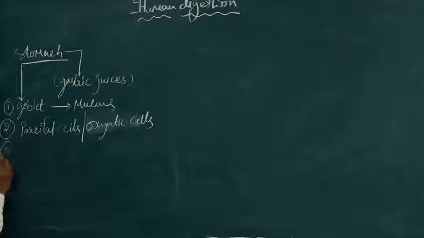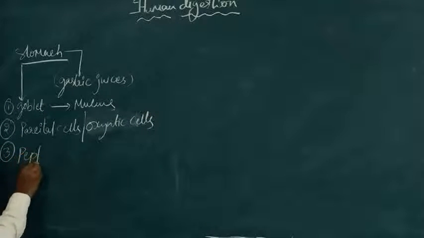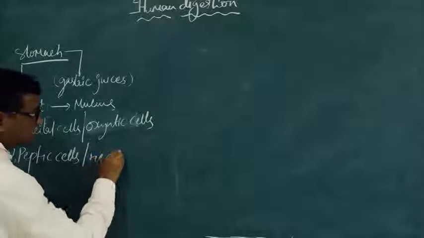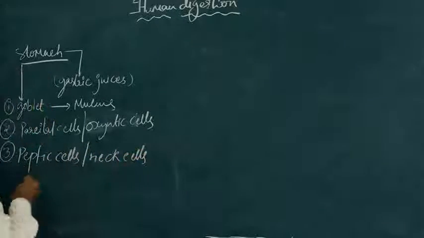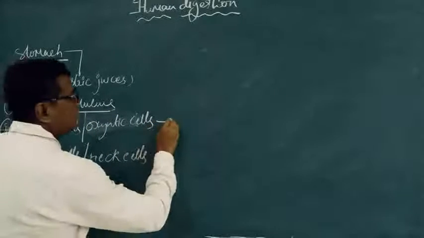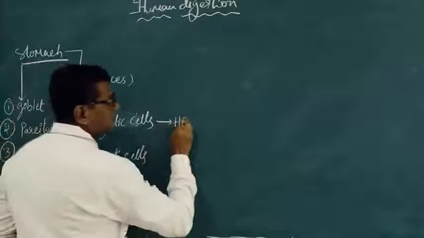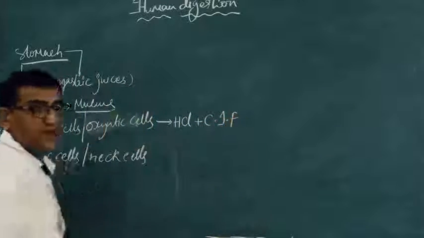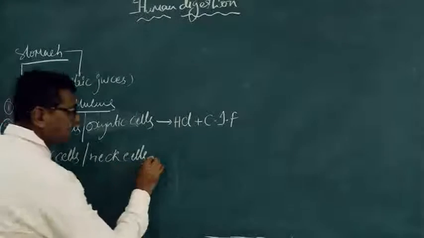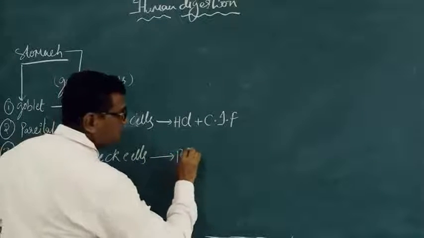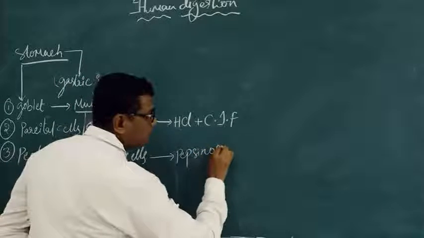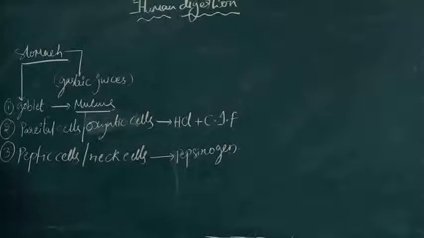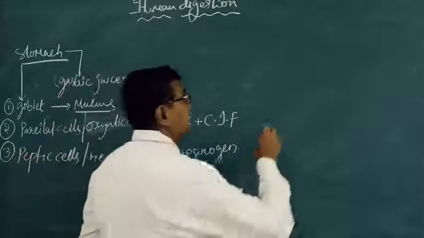The third one are peptic cells or chief cells. So goblet cells produce mucus, the oxyntic cells produce HCl plus castle's intrinsic factor, and the peptic cells produce pepsinogen. Okay.